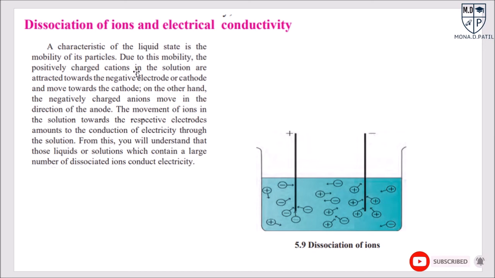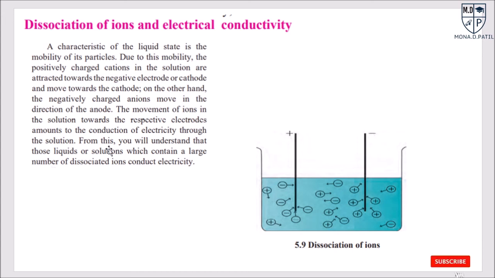So here opposite charges are attracted to the opposite charge of the rod. The movement of ions in the solution towards the respective electrodes amounts to the conduction of electricity through the solution.